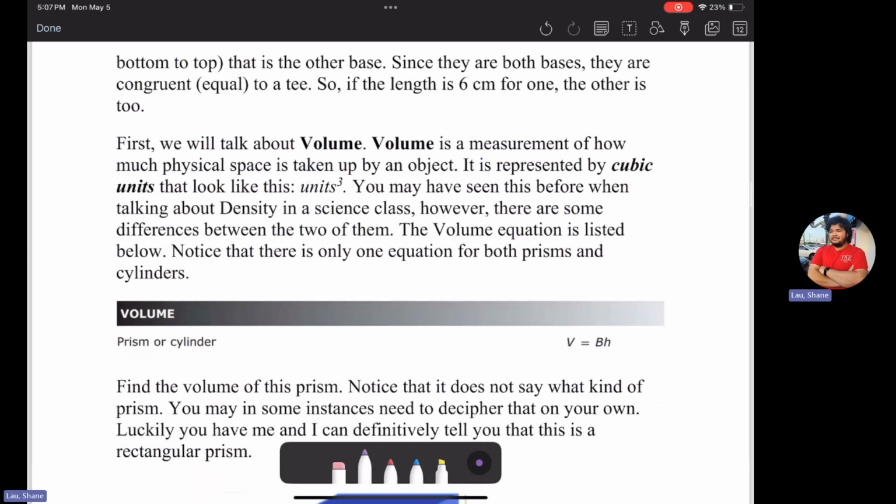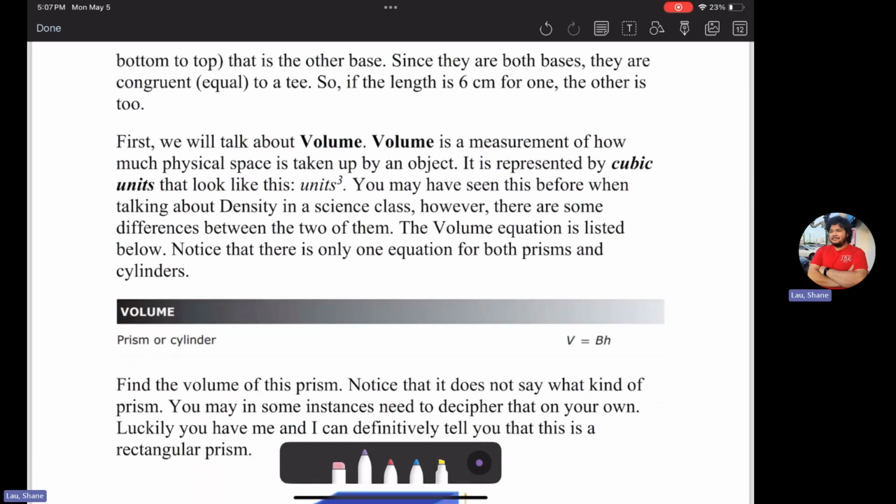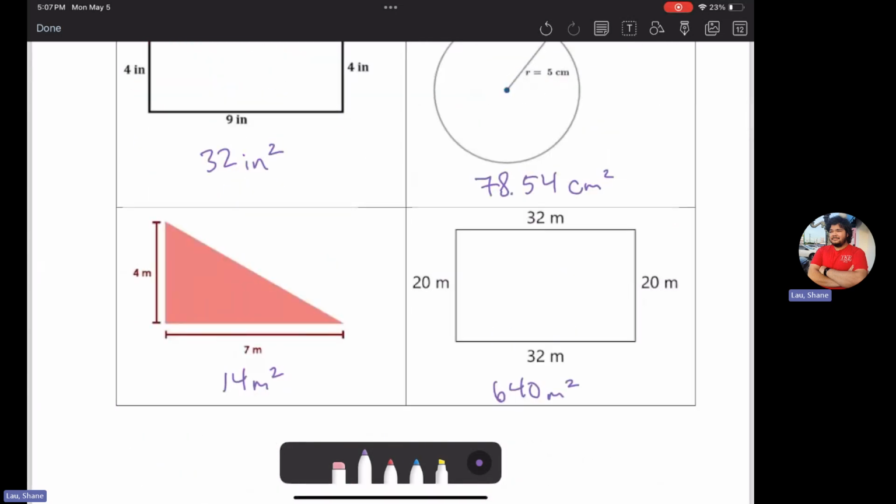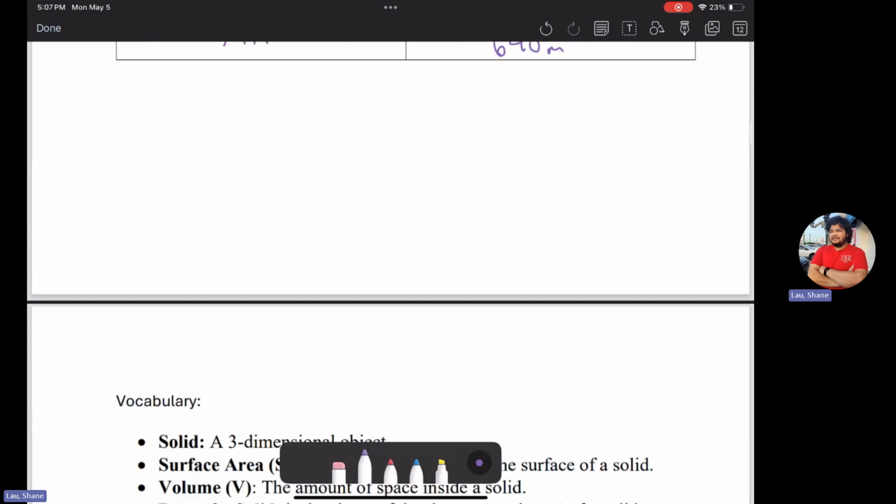Again, going over a couple of things. The first topic we're going to talk about is volume and specifics with our prisms. A small detail we need to add is that volume is measured in cubic units, and it looks like units to the power of 3. Very similar to how we had area in units squared, volume is going to be in units cubed.